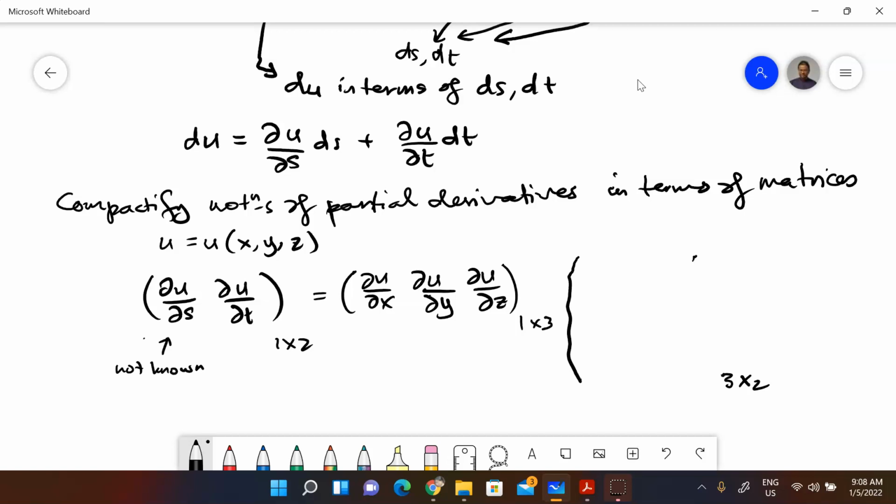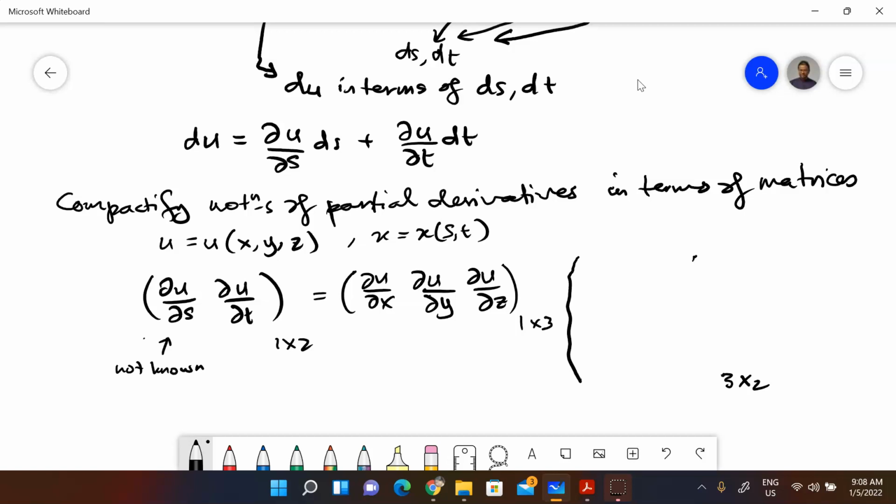So what is the matrix over here? Remember that your x, y, and z will be functions of s and t.